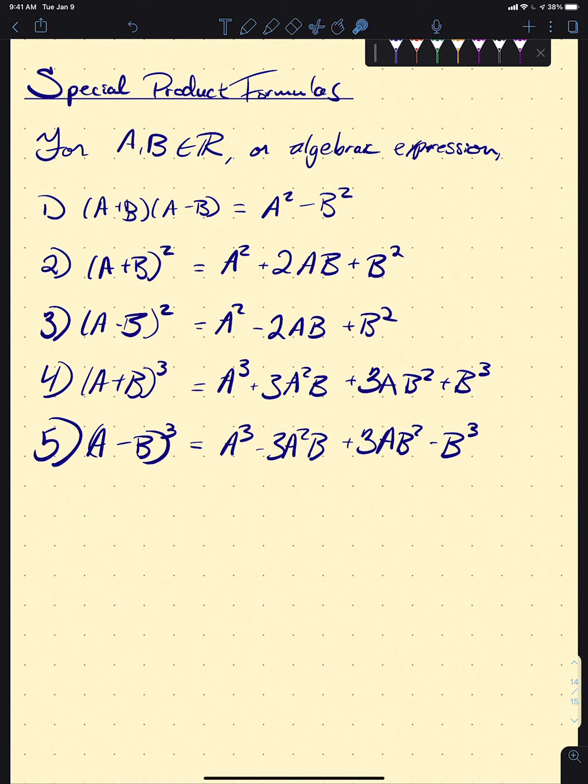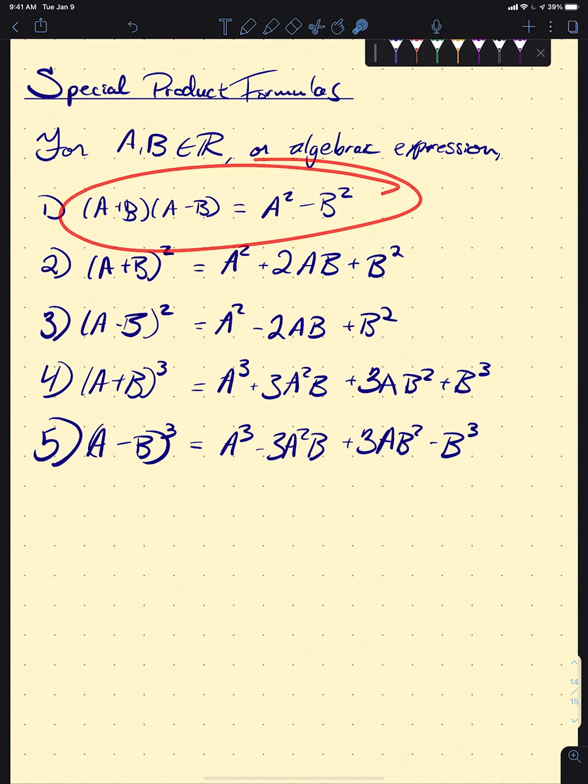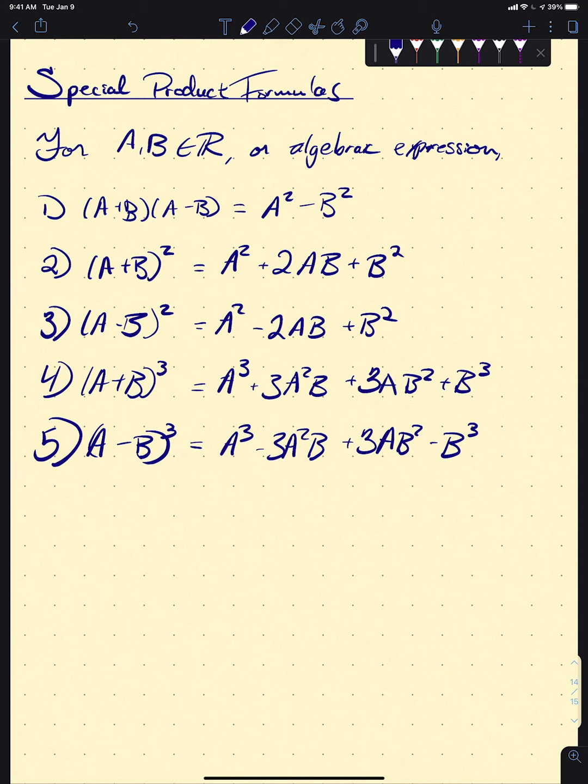So what I want you to recognize is that going this way, we're expanding, and going this way, we're factoring, right? There's two more that go along with this difference of squares, and that's the sum and difference of cubes. So number 6, say you have A cubed minus B cubed.